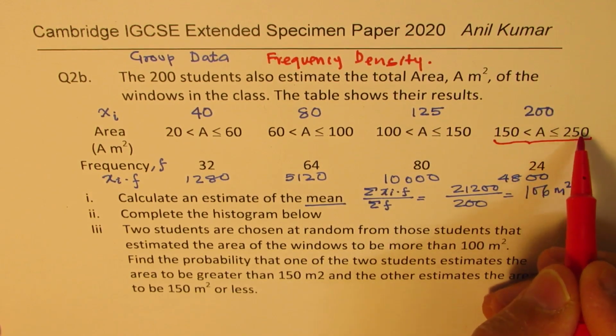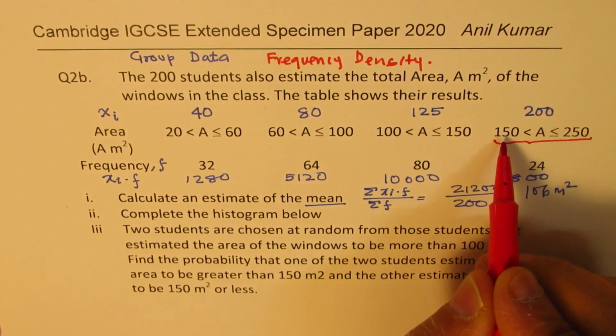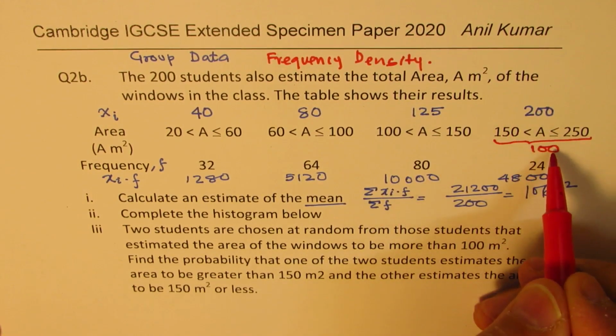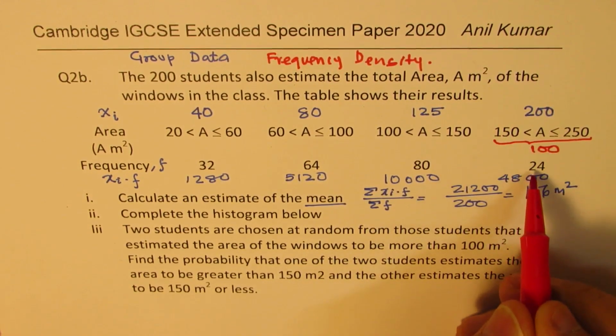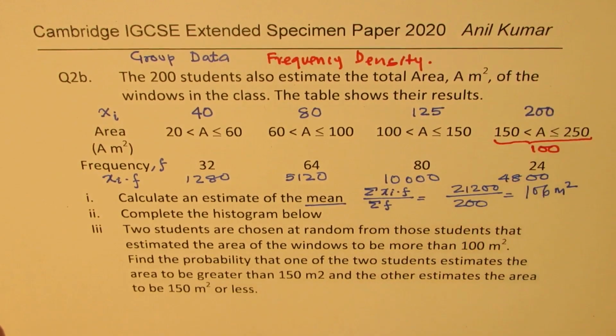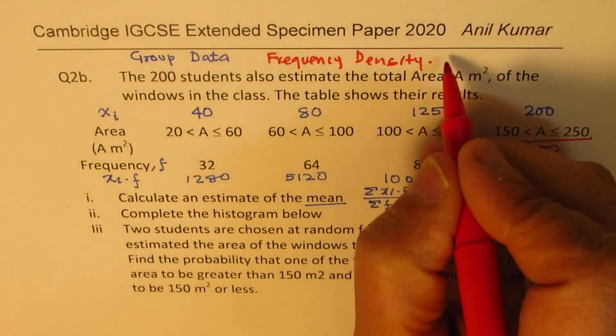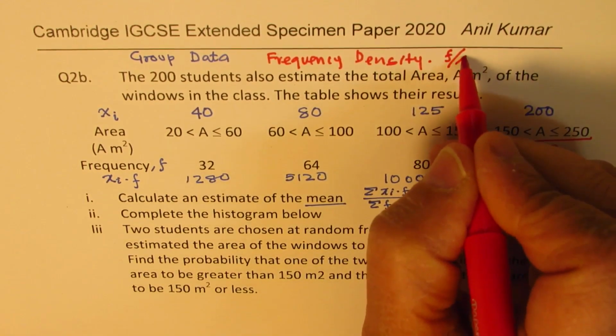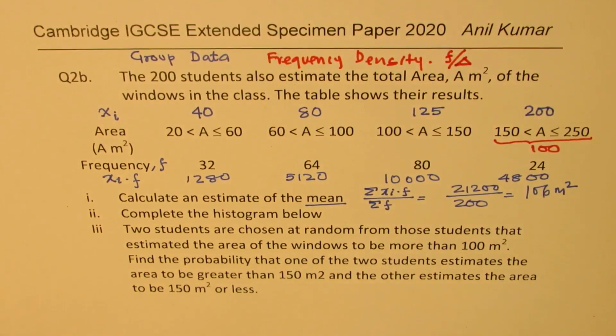The interval is 250 minus 150, which is 100. Now within this interval of 100, we have to show 24, right? So the density will be the frequency divided by this particular interval. Let's call this delta. Is that okay? That is how we are going to calculate the frequency density, correct?